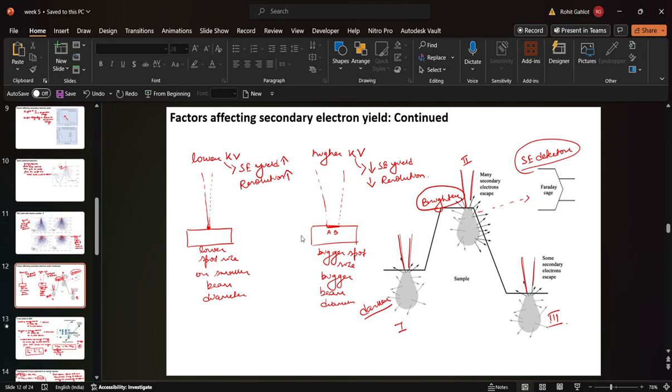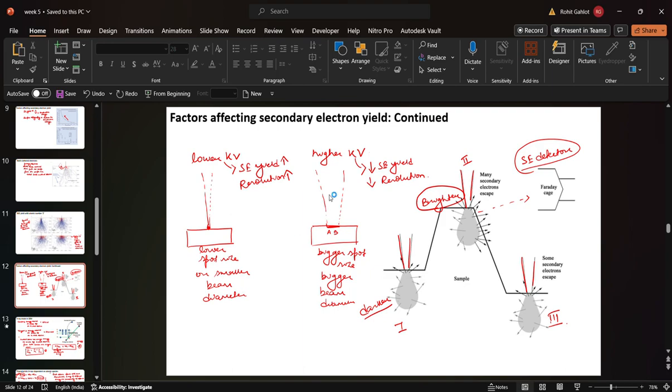Further, if we move to the factors which affect your secondary electron yield, if you have lower voltages, then your secondary electron yield increases and your resolution increases. Because here the spot size is smaller, a smaller beam diameter.